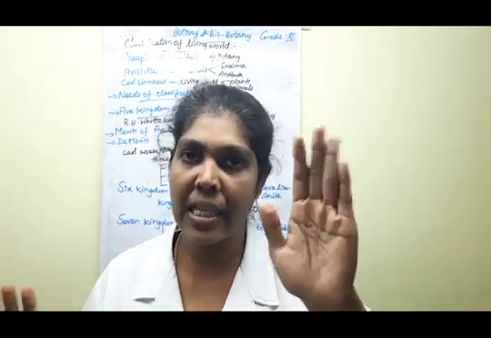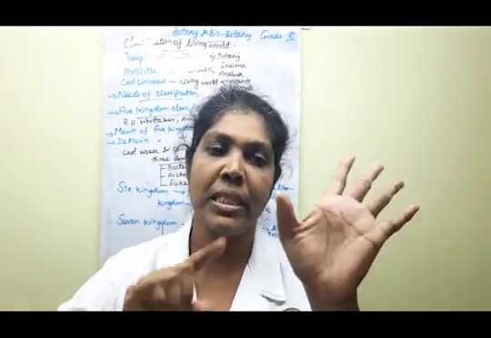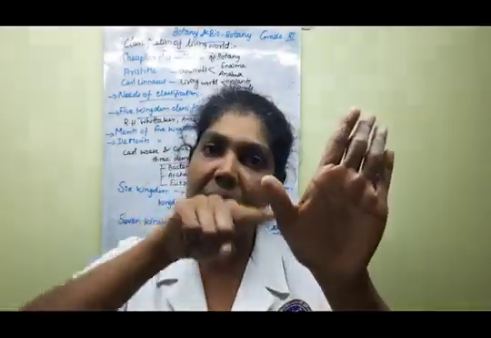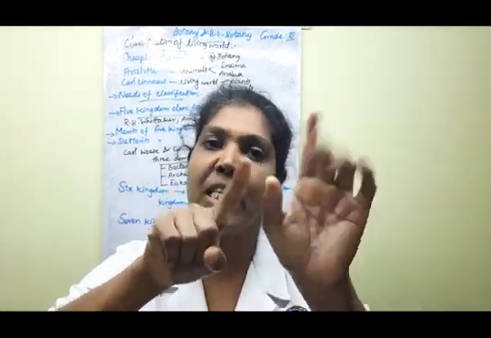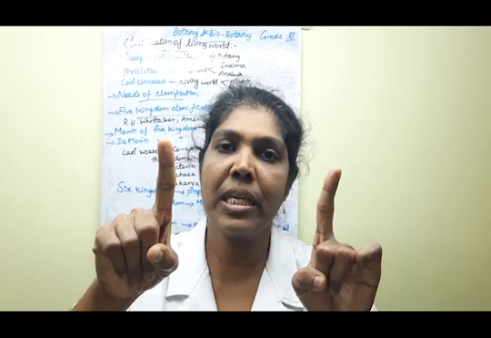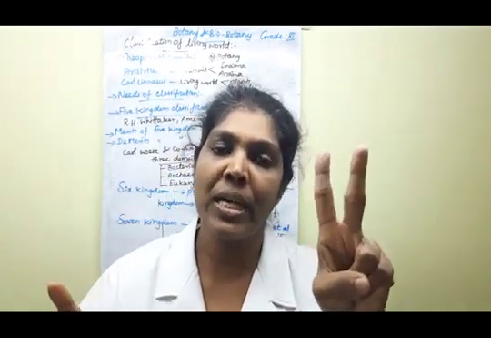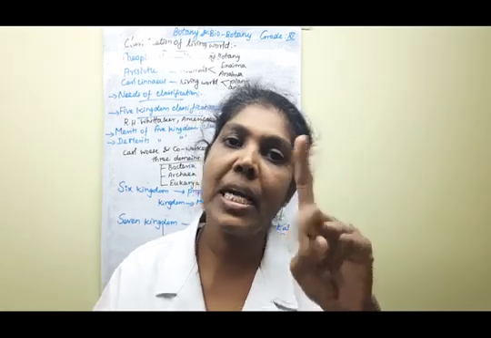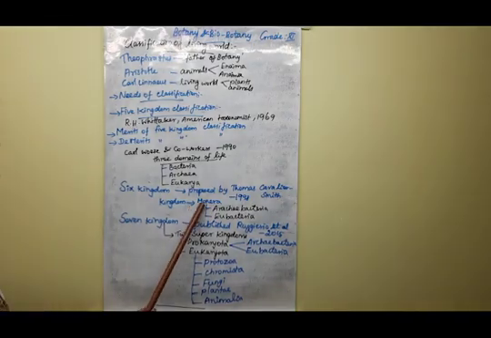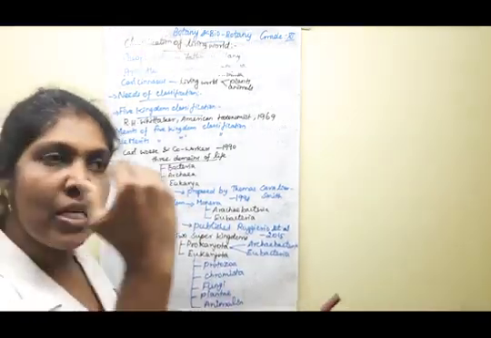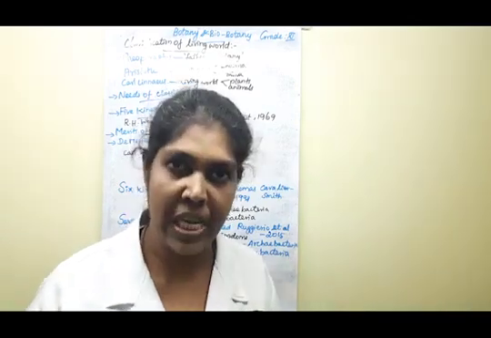Clear, children? Yes. In the 6 kingdom system, starting from the 5 kingdom system, the first kingdom, Monera, is classified into 2 kingdoms: Archaebacteria and Eubacteria. Clear? From the first kingdom, Monera, you develop this advanced system of classification.